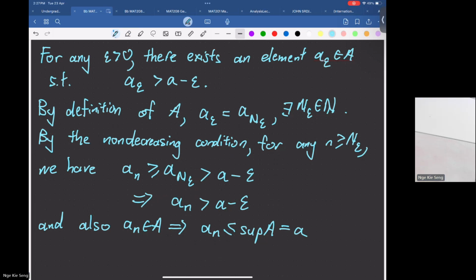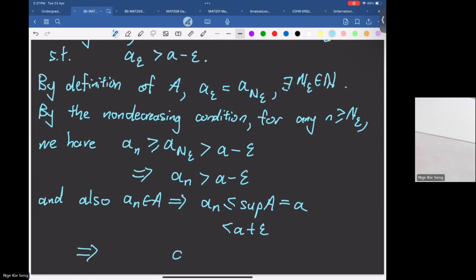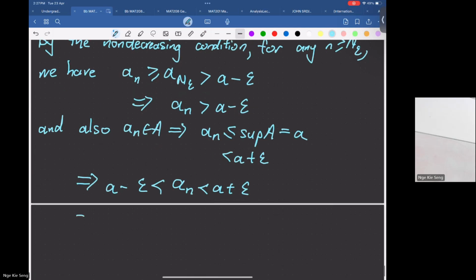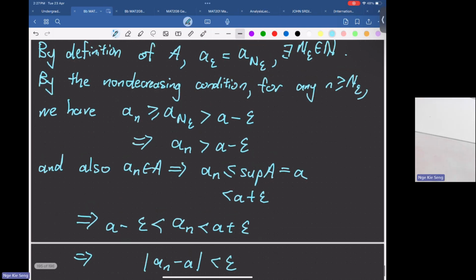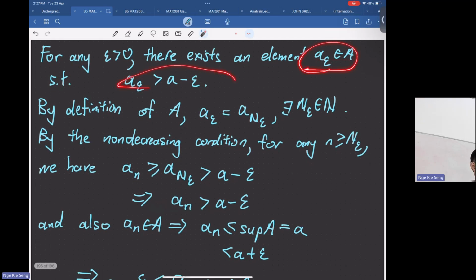Which is also less than A plus epsilon. So altogether, a_n is less than A plus epsilon and greater than A minus epsilon. So what is this? The absolute value of a_n minus A is less than epsilon. This is what we want. What is the capital N? The capital N is this N_epsilon given by the property of the least upper bound.